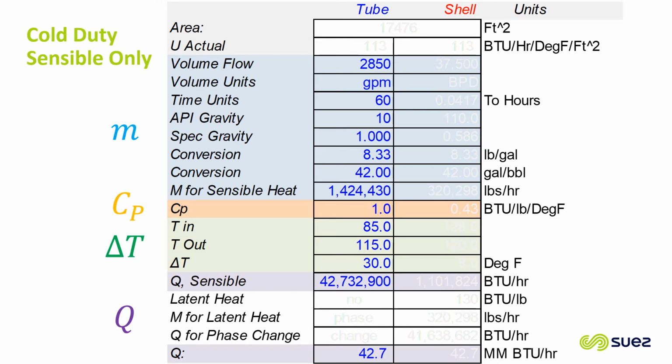So MC sub P delta T equals 42,733,000 by rounding of BTUs per hour. And as we remember, that's a rate. Okay, and towards the bottom of the screen, you'll see that we would express that typically as 42.7 million BTUs per hour if we were talking to a process engineer in a refinery.